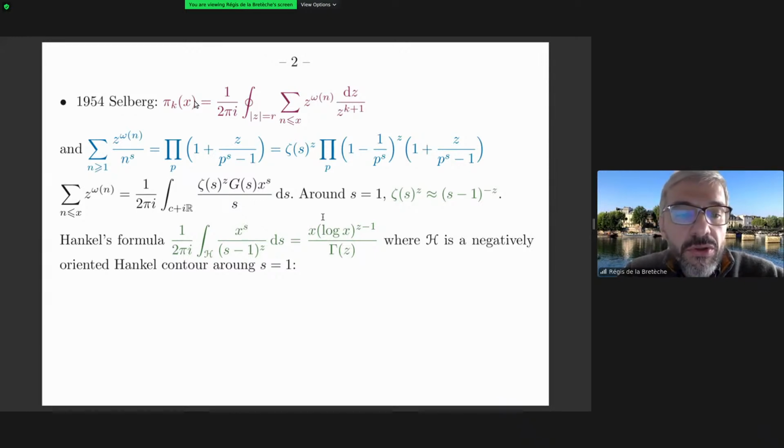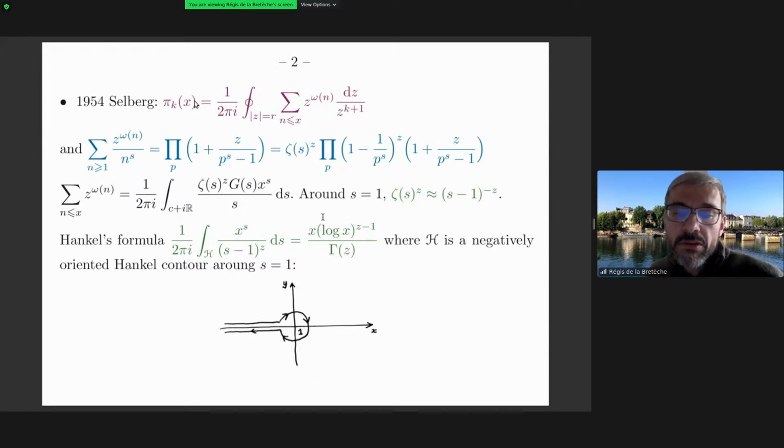So using the Hankel formula, I write what I mean by Hankel formula. So capital H is a negatively oriented Hankel contour around s equal 1. So please find the drawing.